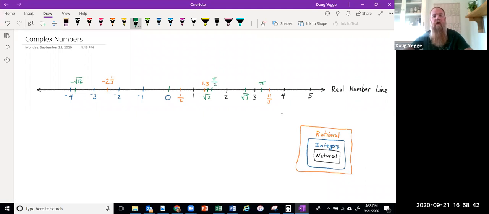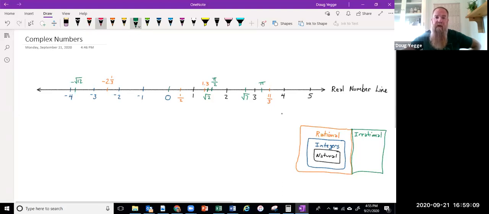So notice that all of these numbers are not rational because they can't be listed as ratios of integers. So we refer to those as the irrational numbers. Now those irrational numbers are separate from the rational numbers, okay, because these are opposites, right? Rational and irrational are opposites.